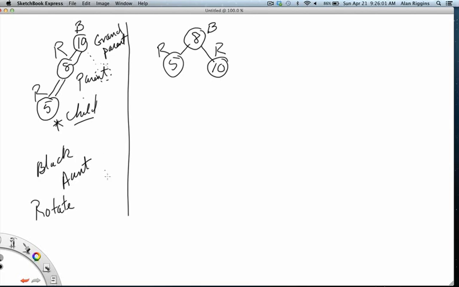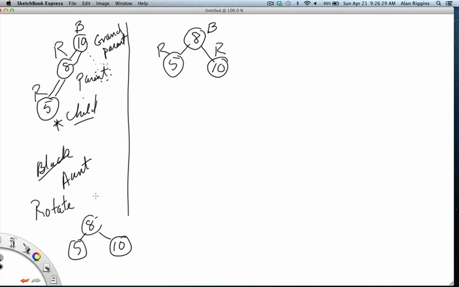Therefore, you will have to rotate this, and you will have 8, 5, and 10. This is a rotation because you have a black ant. It's actually a non-existent ant. If there were an ant, it would be right at the 10. So either black because the color of it is black, or because it's not there, a rotation is required.